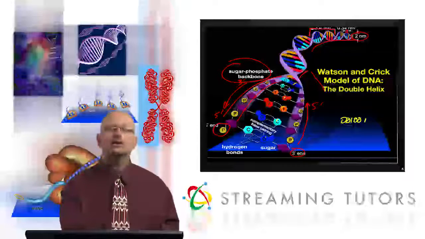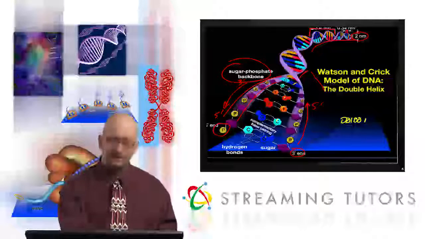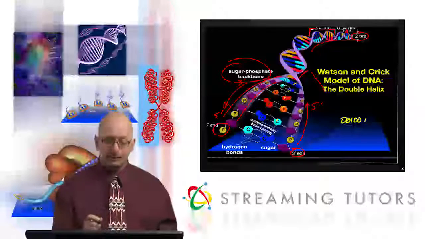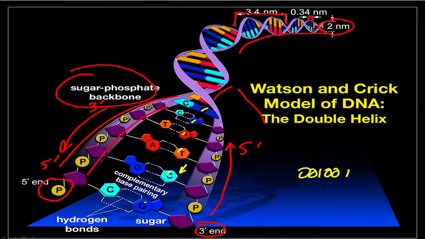We're not going to see why right now, but every now and then mistakes get made and bases can change their chemistry a little bit. So every now and then, during replication, one base can change to another one, and that's the basis of variation.